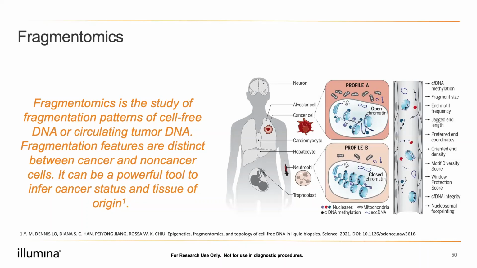So cell-free DNA contains molecular features characteristic of their tissue of origin, and different tissues, including cancer cells, contribute cell-free DNA to the circulation. The DNA molecule size, fragment end locations, and end motifs can be influenced by the nucleosome organization, chromatin structure, nuclease content, and gene expression of the tissue of origin. So there's a lot of interesting things to uncover by studying these profiles.